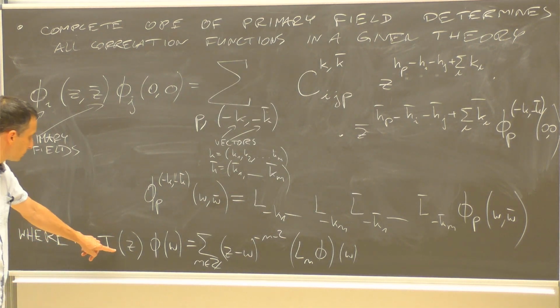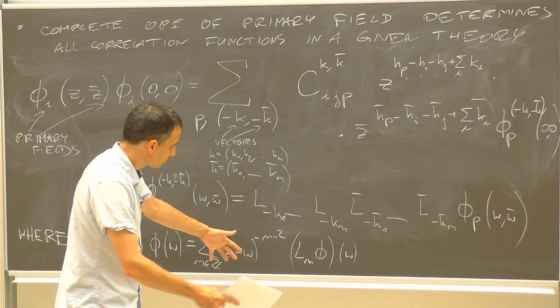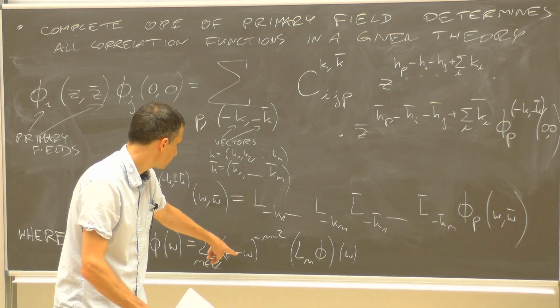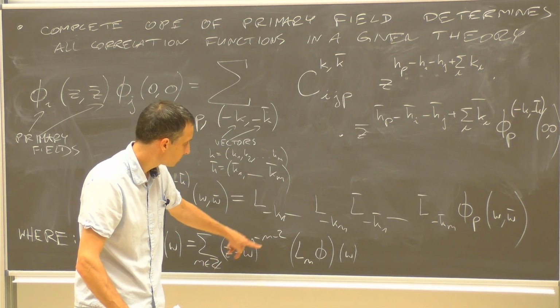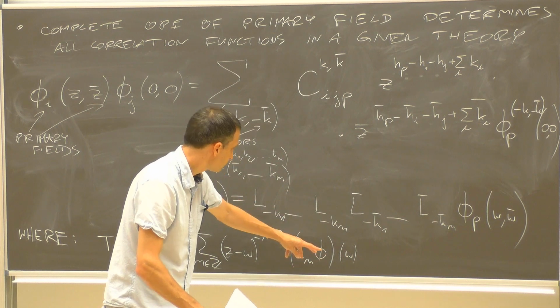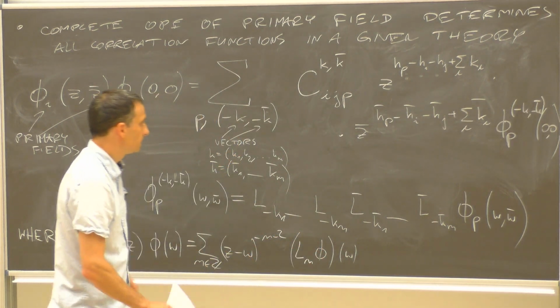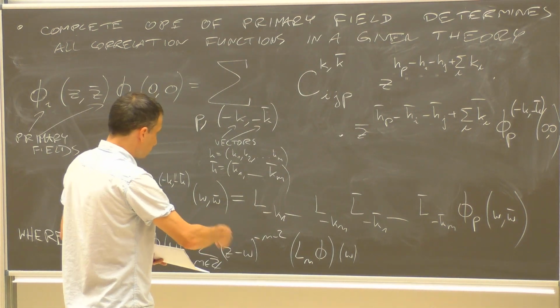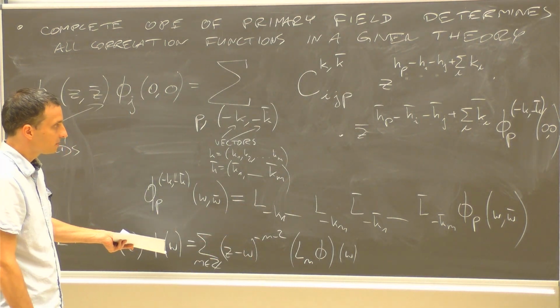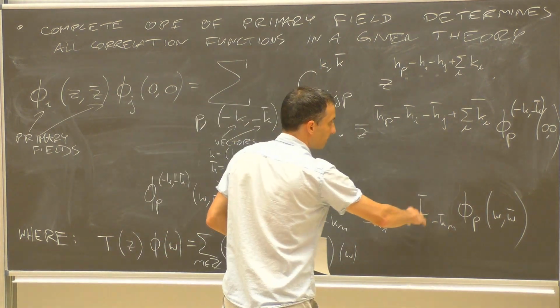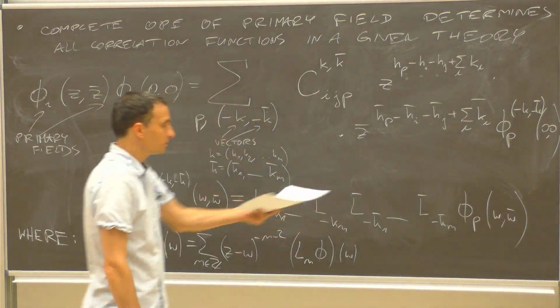So if I make the OPE of T with some phi, then I get some expansion, and there is some functional dependence, these powers of z minus w, but then the operators which appear in this expansion I denote by L n phi, and then I can repeat it many times, not only for primary fields but for all fields, and this is what I mean by this expression, those different L's combined with this field phi.